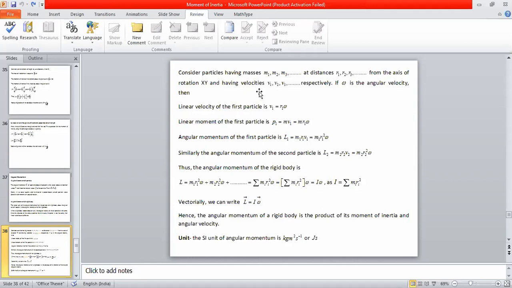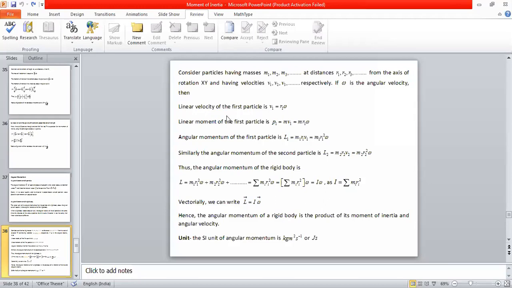So they have both angular velocity as well as linear velocities. Angular velocity is common for all the particles, we know that, but their linear velocities are not common. Linear velocities are v1, v2, v3, etc. The first particle of mass m1 has linear velocity v1, the second particle of mass m2 has linear velocity v2, the third particle of mass m3 has linear velocity v3. Understood?